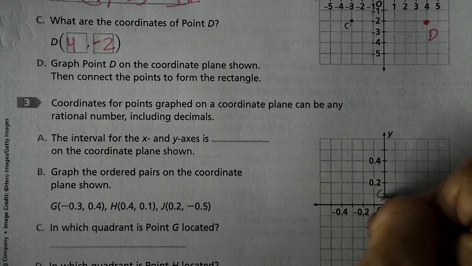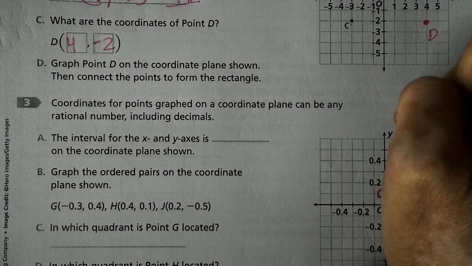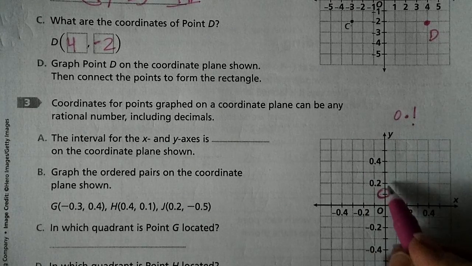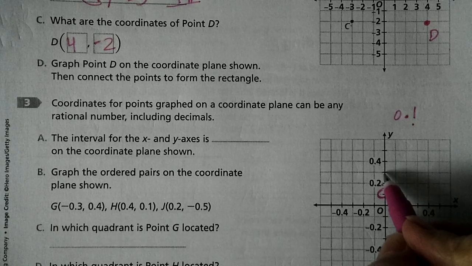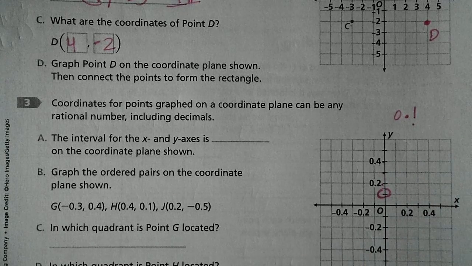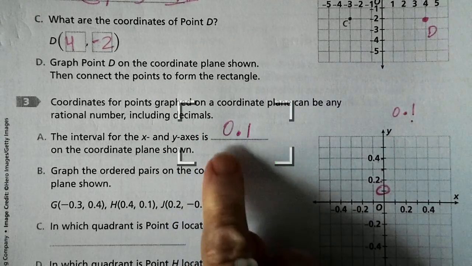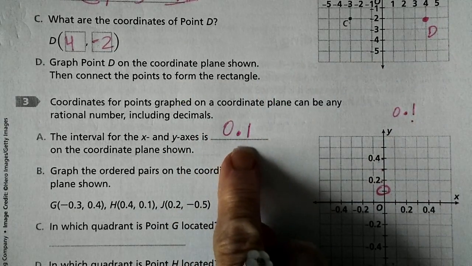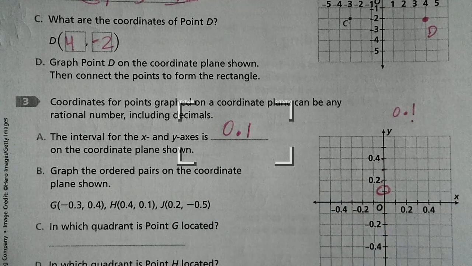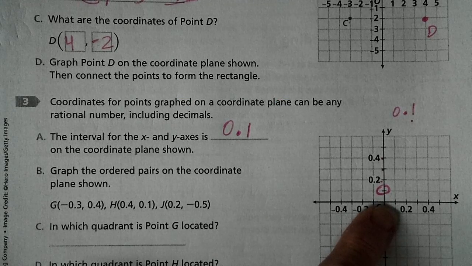But this point right here would be 1/10, then 2/10, then 3/10, then 4/10. So the actual interval is 1/10. Even though you can only see the 2, 4, 6, 8, the actual interval is going up by tenths.